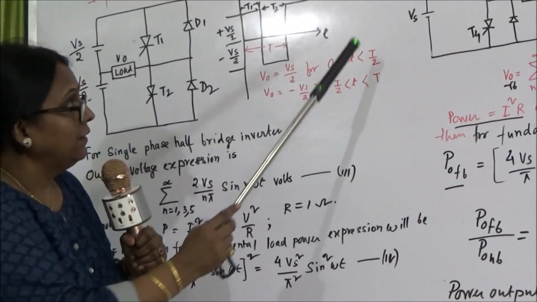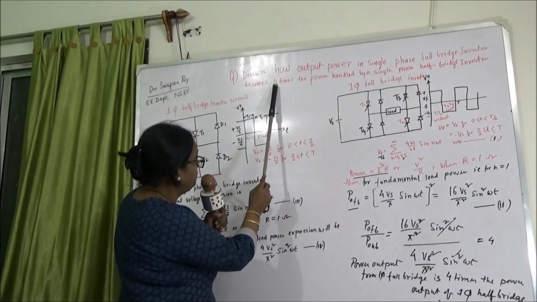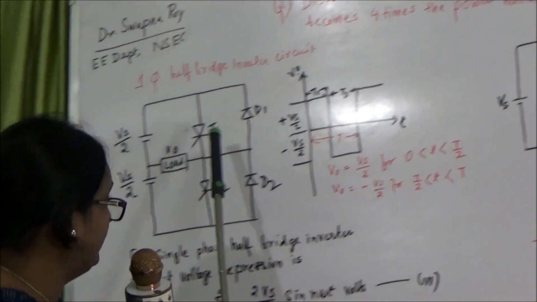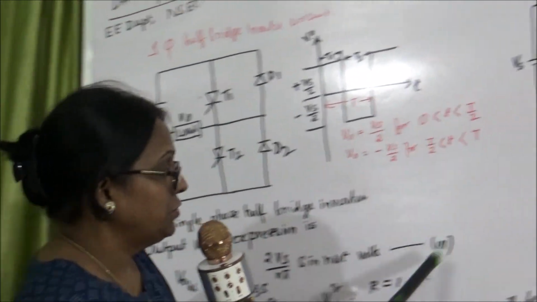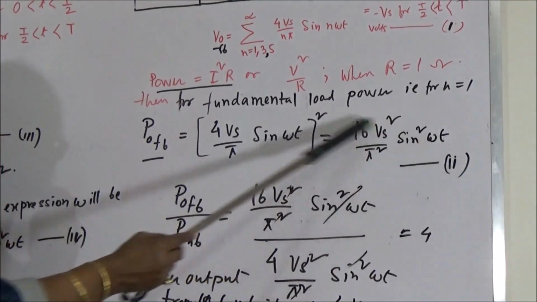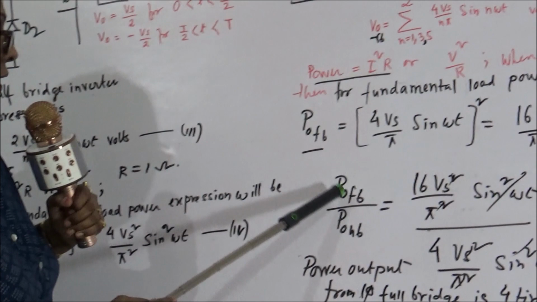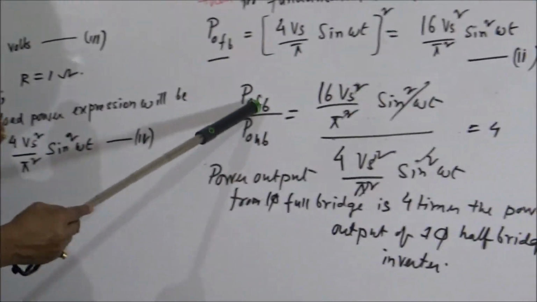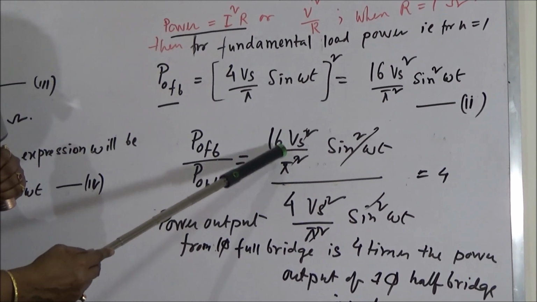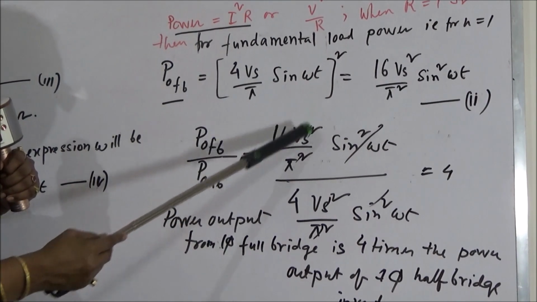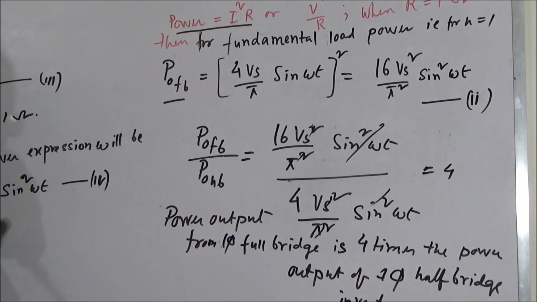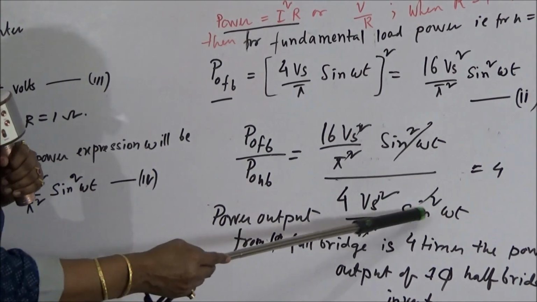Now we have to prove that the output power of this inverter is 4 times the power handled by this inverter circuit. So dividing equation 2 by equation 4, that is, the output power of the full bridge inverter by the output power of the half bridge inverter, is equal to 16 Vs square by pi square sine square omega t divided by 4 Vs square by pi square sine square omega t.